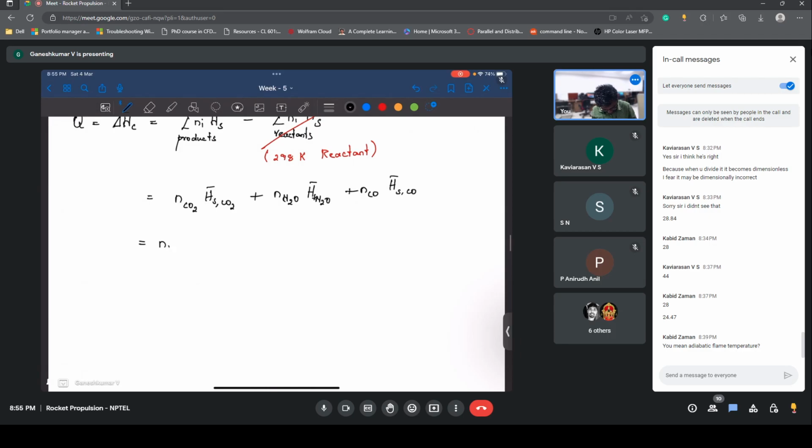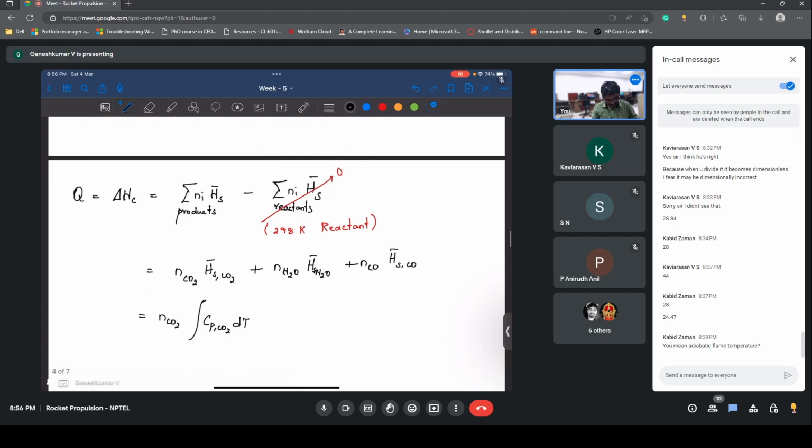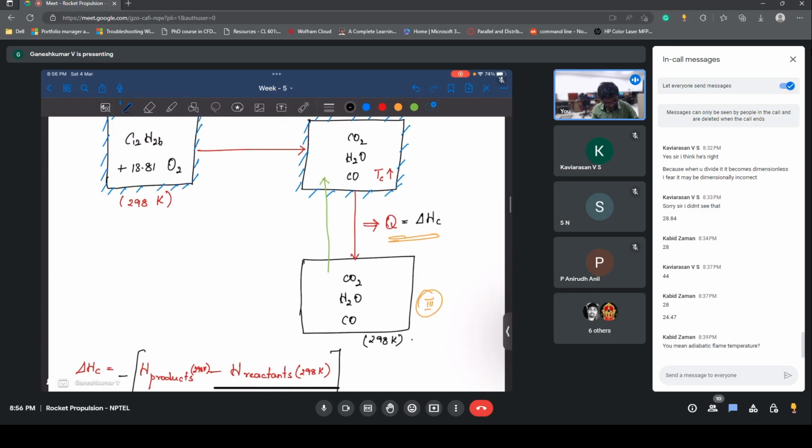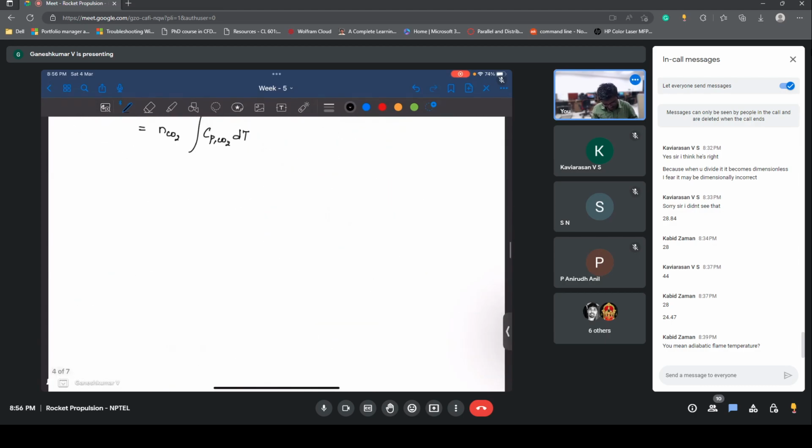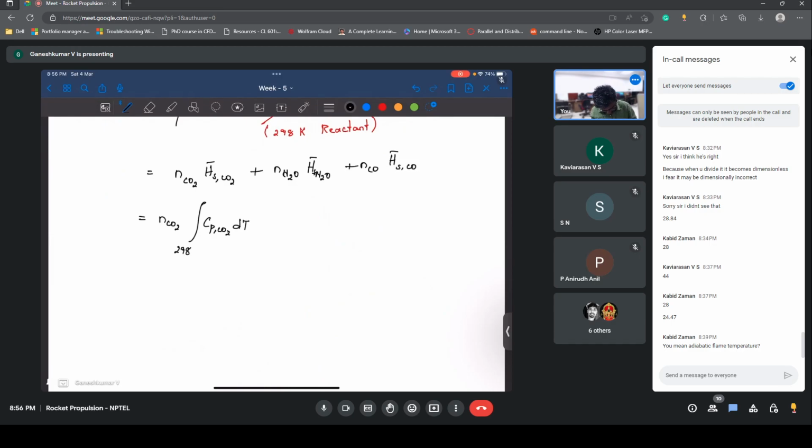How do I write H sensible? It's nothing but the integral of Cp of CO dt, raising the temperature from 298 to some adiabatic flame temperature, which is Tc.